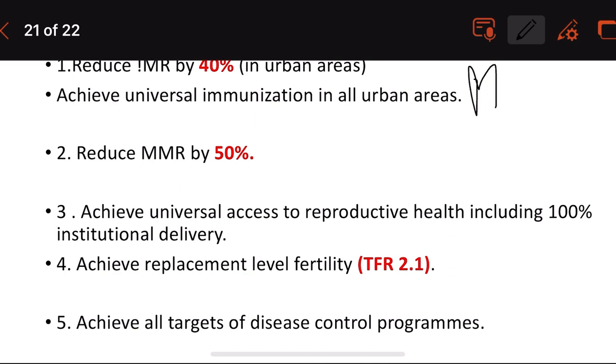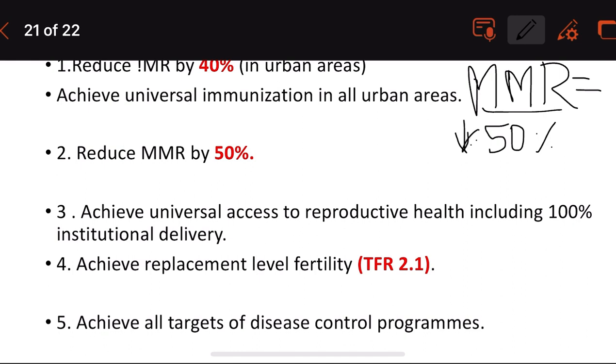So the rate of maternal deaths should be brought down by 50%, and the infant mortality rate reduced by 40%.